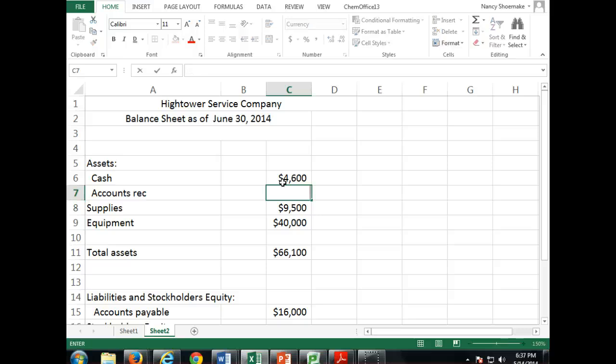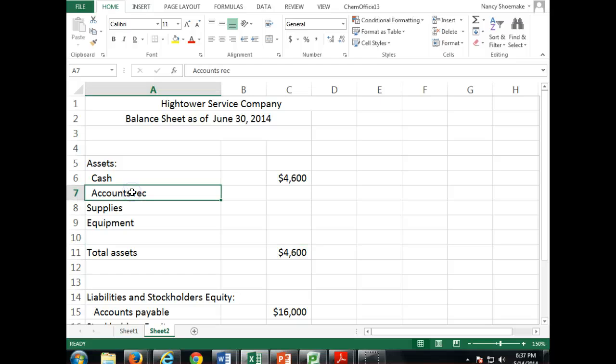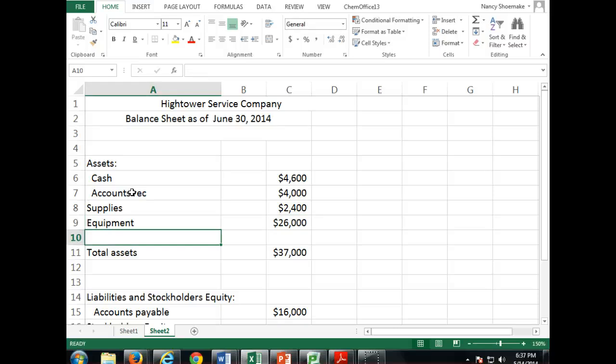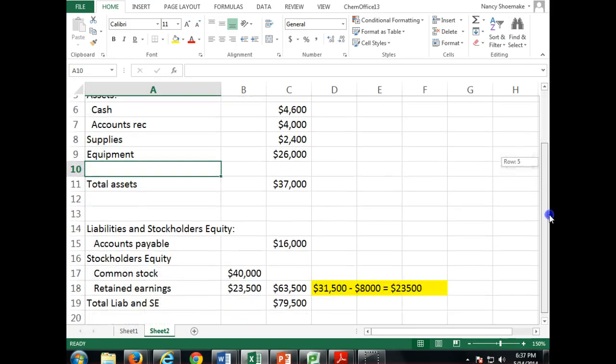Then what's next? We also have an accounts receivable of what? 4,000. Supplies? 2,400. Equipment? So we've got total assets here of 37,000.